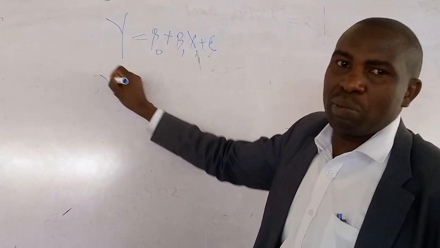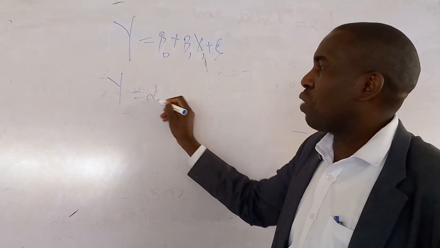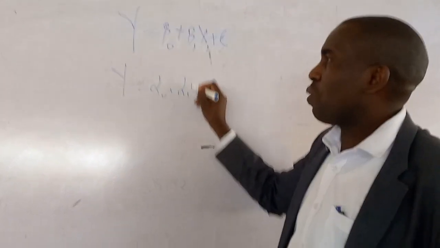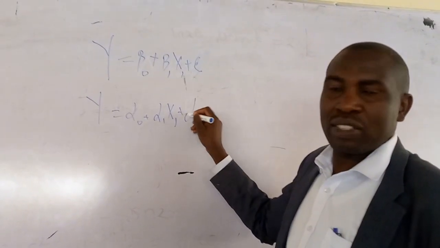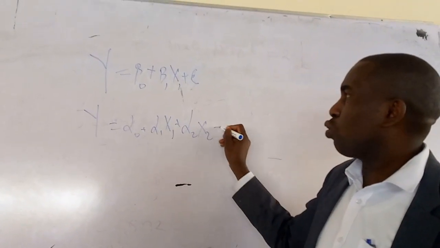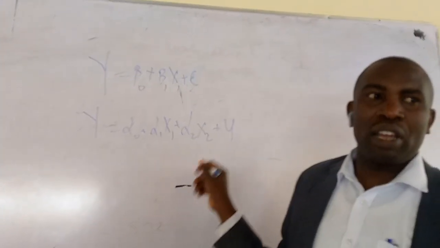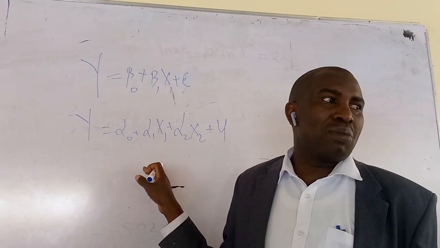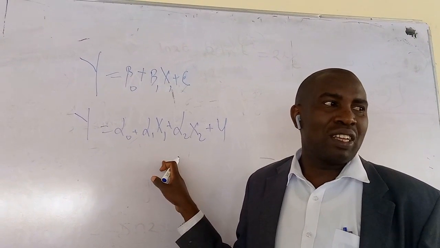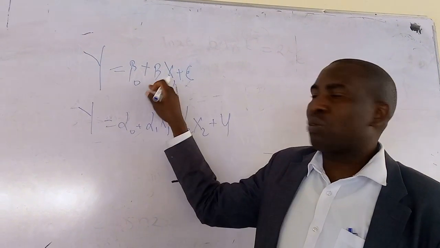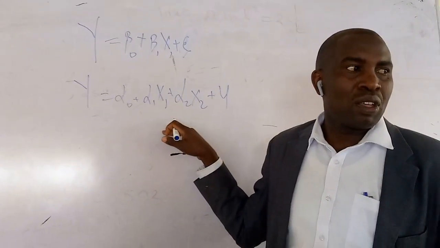And you estimate y equals alpha naught plus alpha 1 x1 plus alpha 2 x2 plus the error term. What have you done? You have included an irrelevant variable in this study. This is the correct model, but you have picked this one.